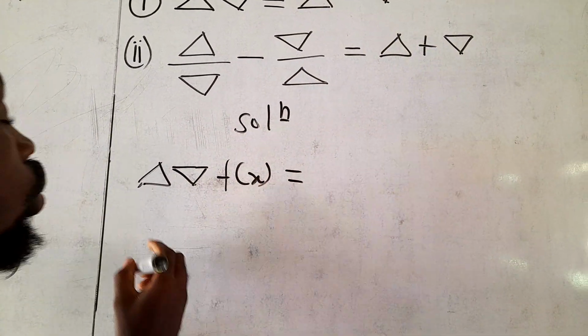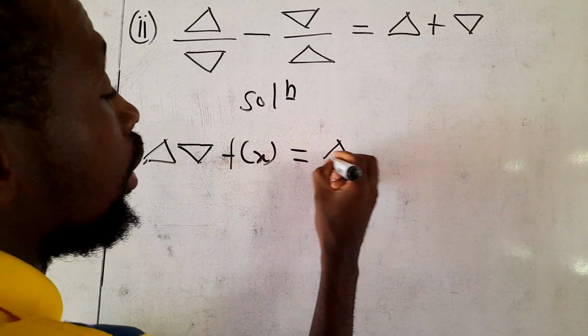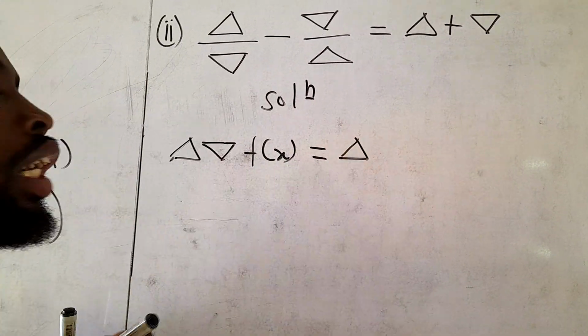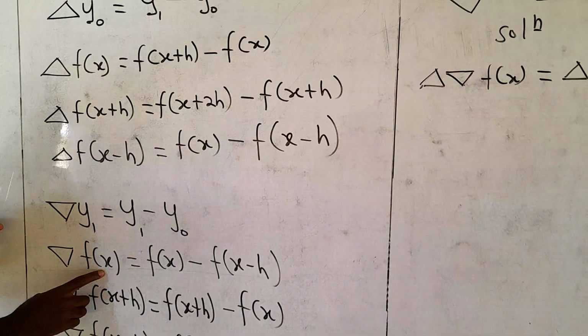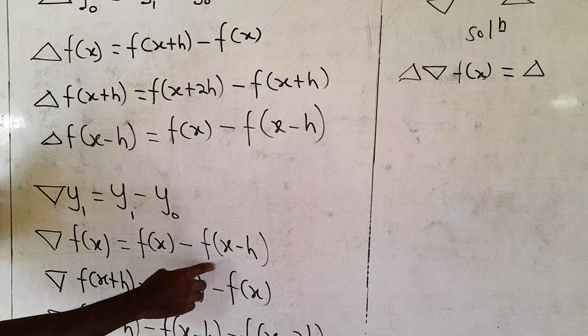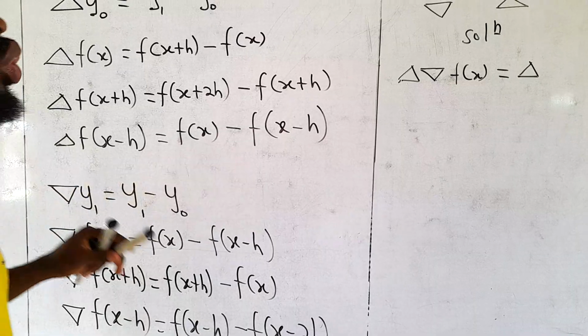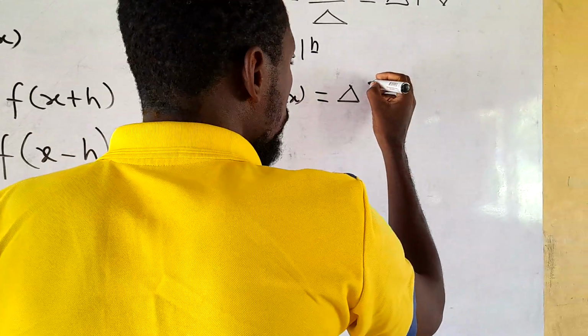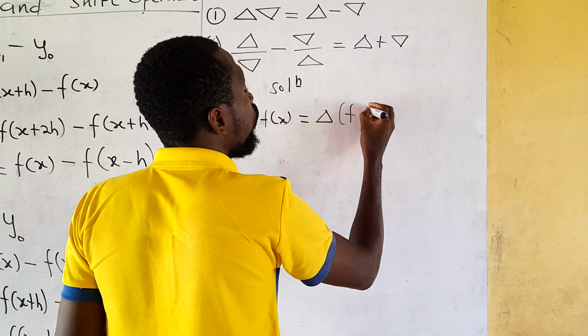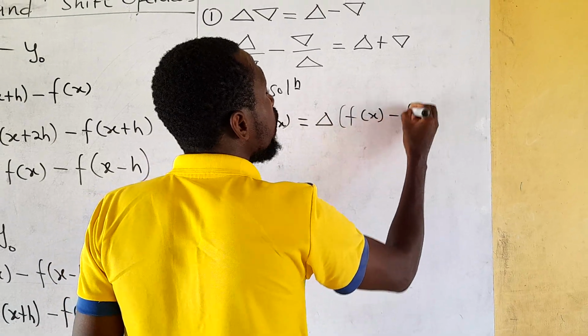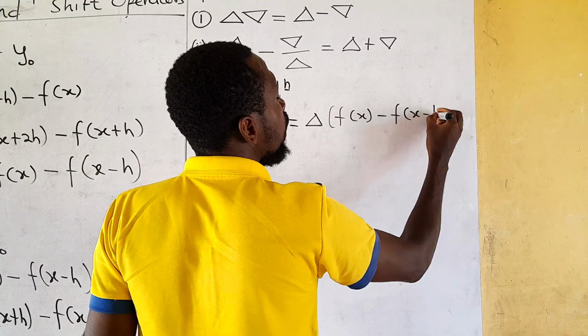So this will be equal to delta of nabla of f of x. And what is nabla of a function? Remember, the nabla of a function f of x is the function minus a function that is smaller than it. So nabla of f of x will be f of x minus f of x minus h.